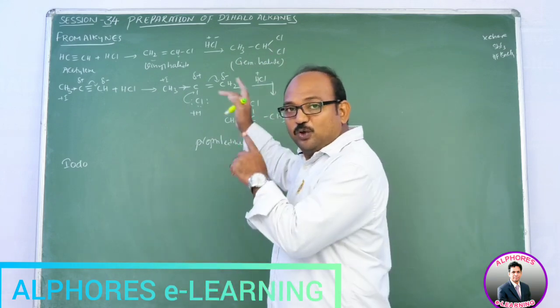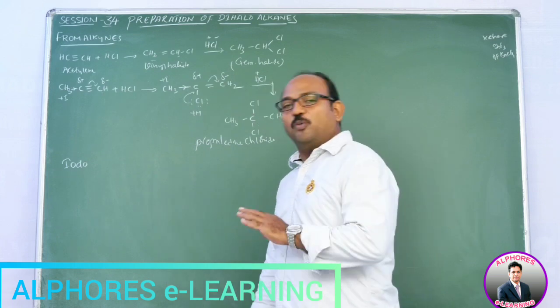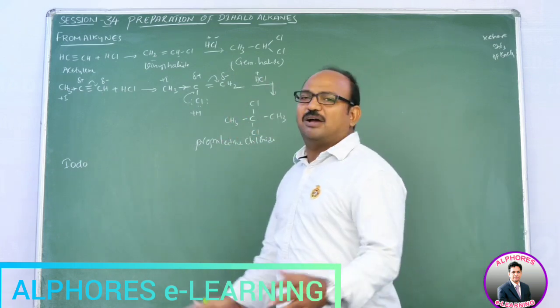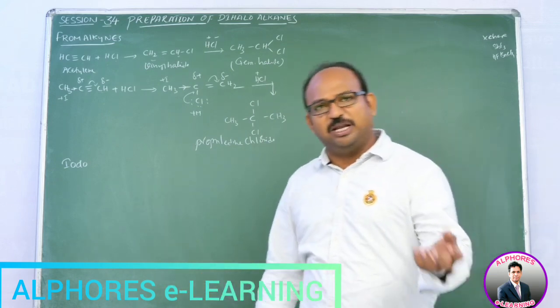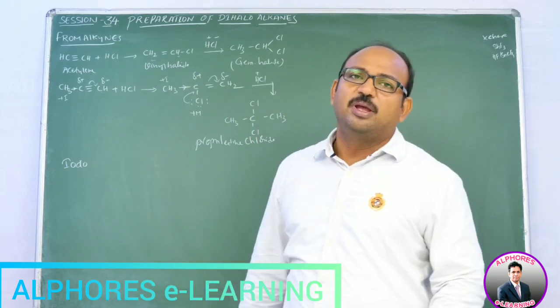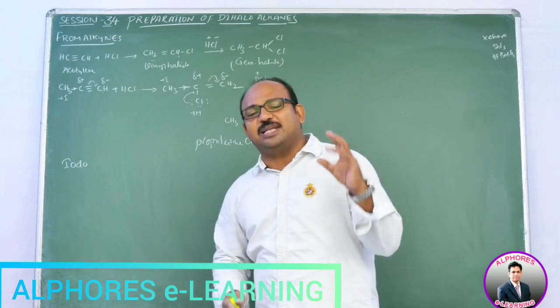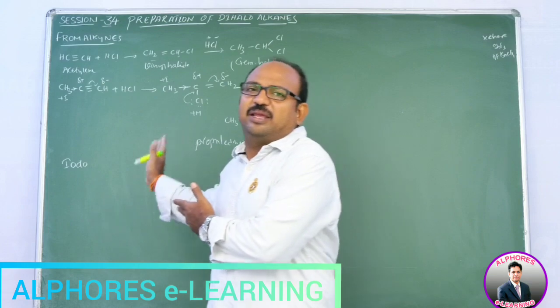But if you are using this method, then obviously the reaction does not take place. Why? Because of the large size of iodine there are problems, and similarly in the case of fluorine there is the same problem. Like the problems we discussed in the case of alkyl fluorides and alkyl iodides, similar here also.